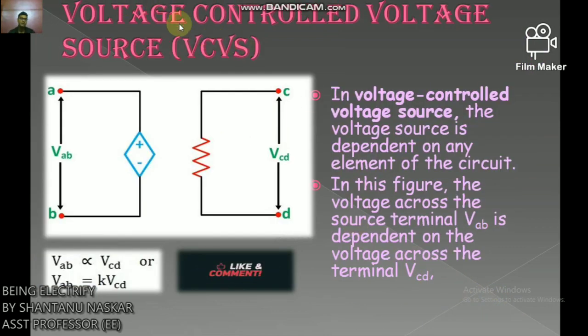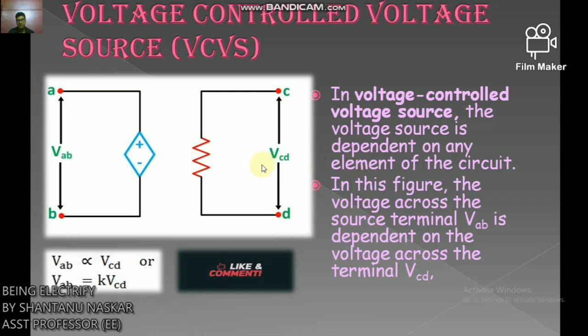So first, voltage controlled voltage source, VCVS. This is the circuit diagram of VCVS. In a voltage controlled voltage source, the voltage source is dependent on some element of the circuit.